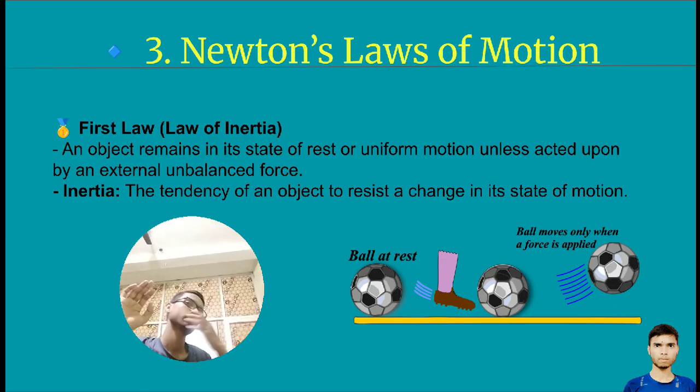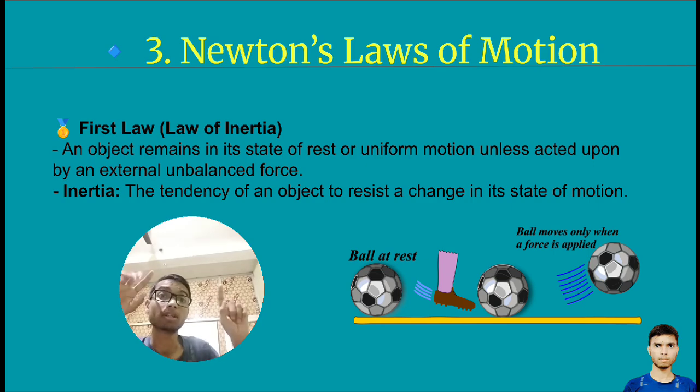Clear? Now, if nobody disturbs the moving object, then it will keep moving. But you are the person who is going to disturb that moving object. What will happen when you apply force on an object which is in motion?